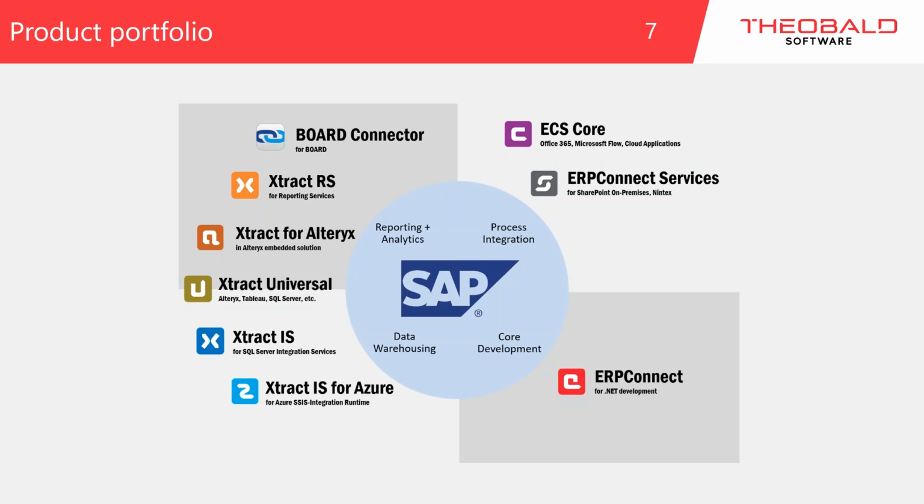The right area is for process integration, where SAP systems, data, and processes integrate with processes that are running maybe in portals like SharePoint or Office 365, with workflows like maybe Nintex, K2, or Microsoft, and other cloud applications.